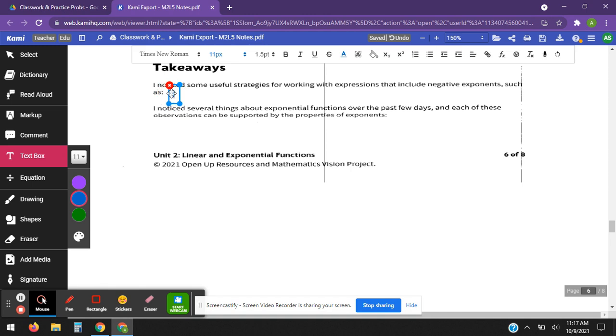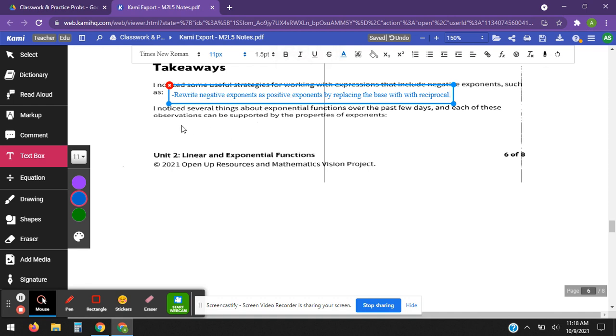So what I noticed was we can rewrite negative exponents as positive exponents by replacing the base with its reciprocal. So if we have that, we don't want to use the negative exponents, we just make the reciprocal and then our exponent can be positive.